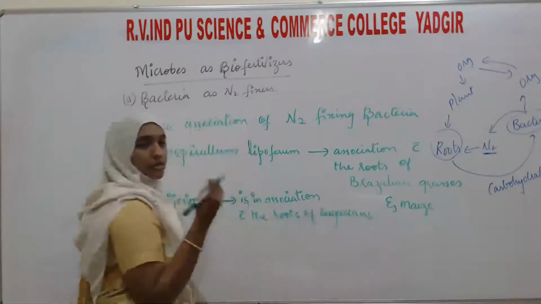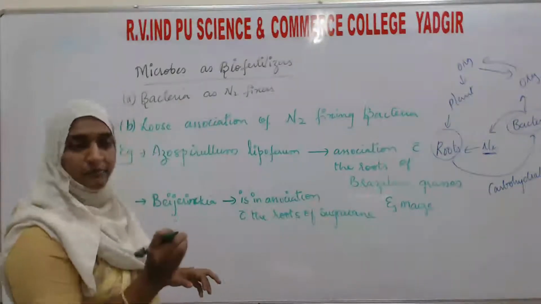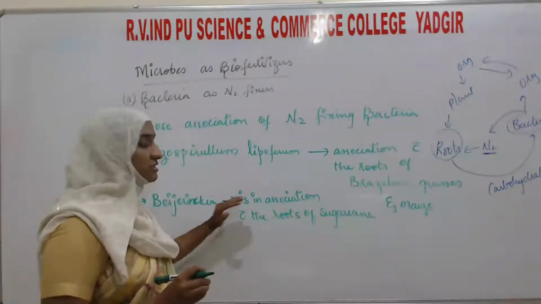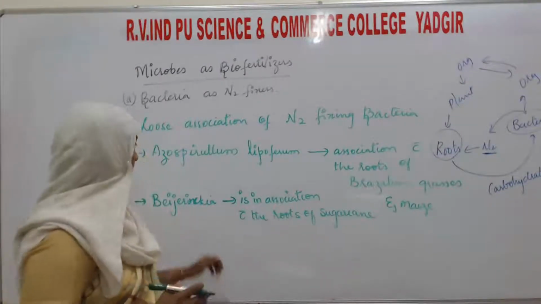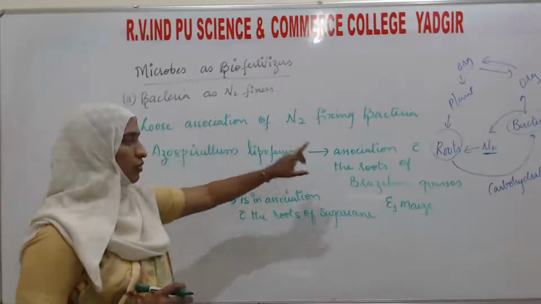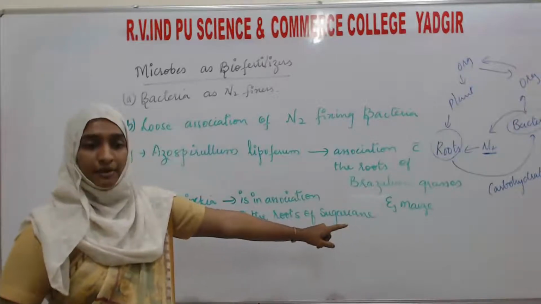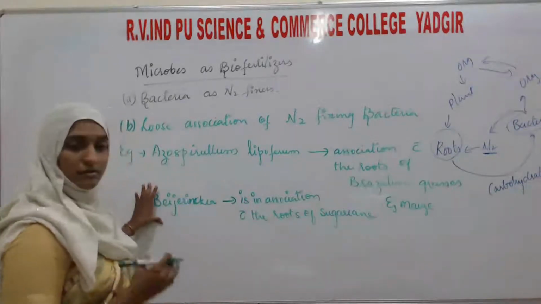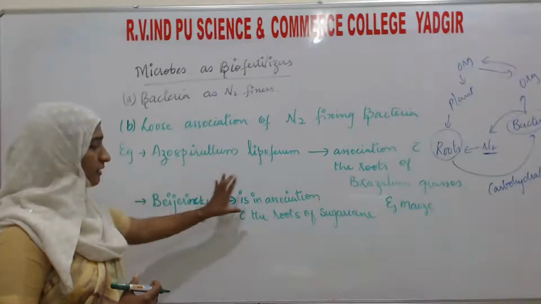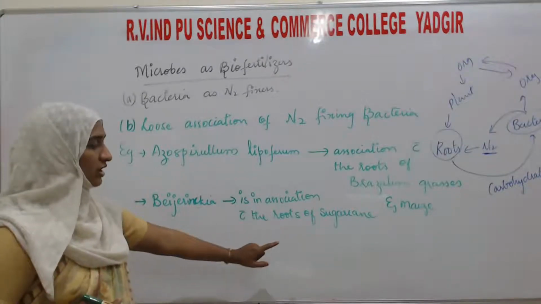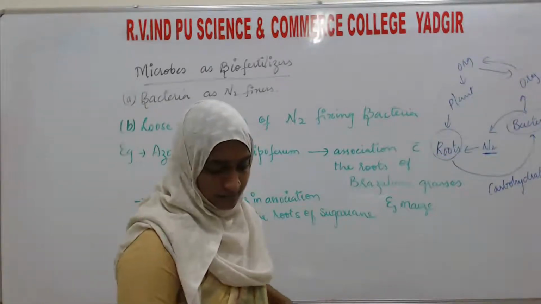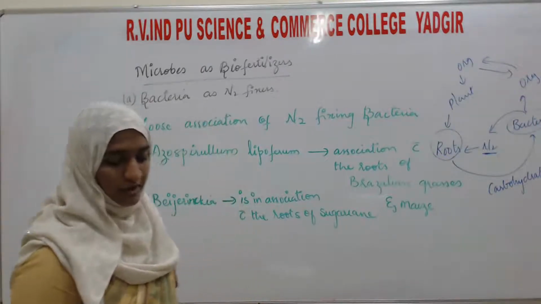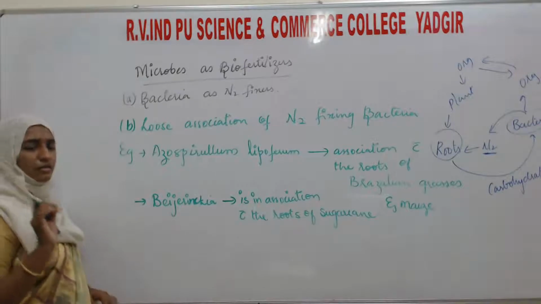Specific soil bacteria are in close contact with specific plants. Azospirillum lipoferum is only with the grasses and the maize. Beijerinckia is also one type of soil bacteria, which is in close association with what? Roots of sugarcane. Except this, there is one more, that is Azospirillum, which is one of the common soil bacteria.